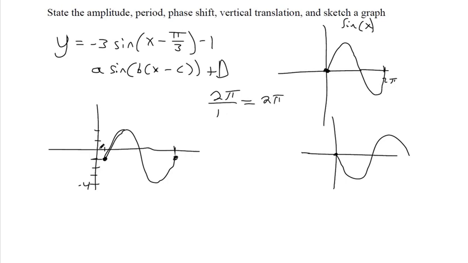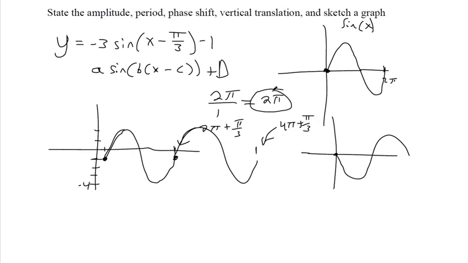But we've been shifted pi over 3 units to the right, so this x-coordinate is exactly 2 pi plus pi over 3. Then we repeat ourselves again. The next one is going to be on the x-axis. This is going to be 4 pi plus pi over 3, because the period is 2 pi, but we have to compensate for the extra horizontal shift. And so that should be the graph you see in Desmos for this one.